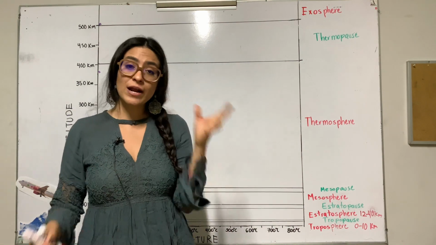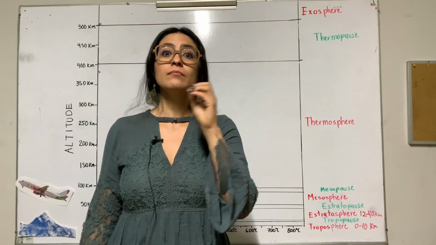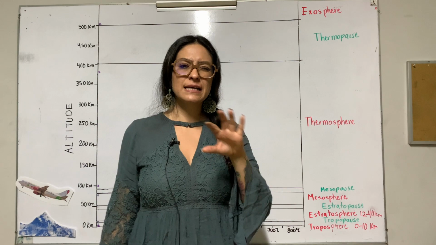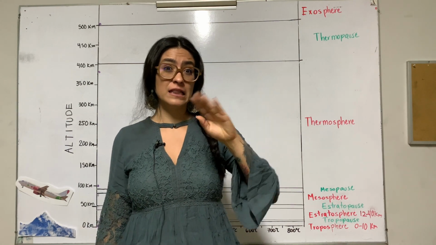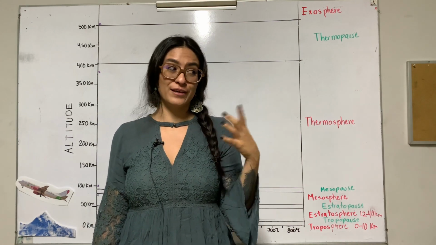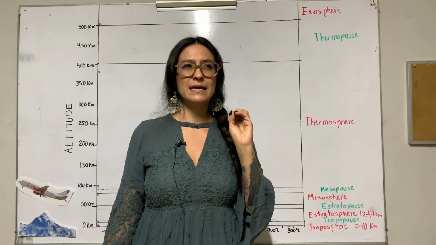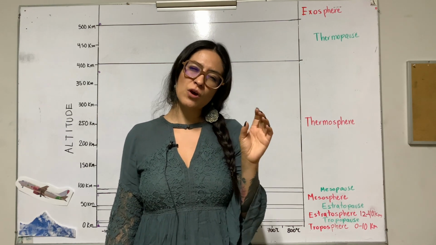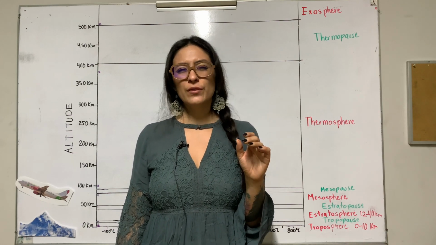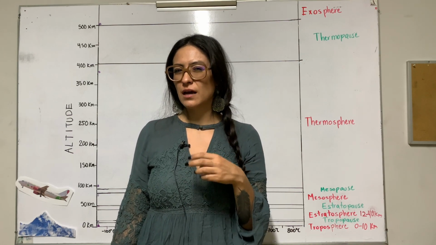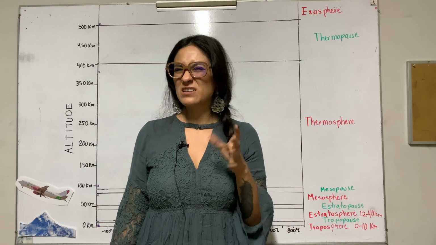Strat means layer. So that means that it's kind of a layered layer of the atmosphere. The name is because one part of the stratosphere is kind of cold, but then it's kind of warm. So that's why it's called that way.